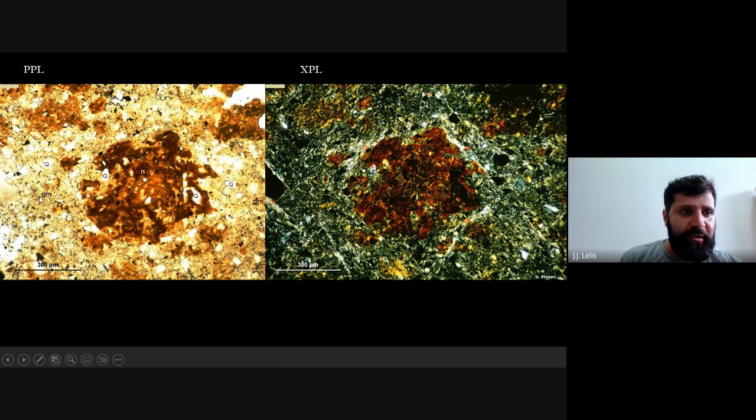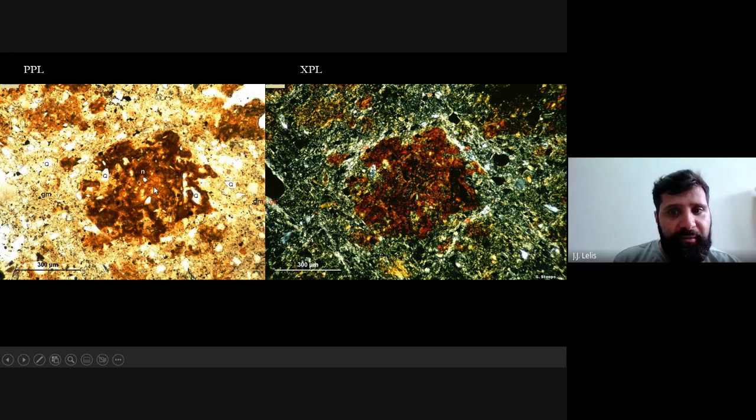So I can see here a light yellow color and this orange or dark red color, and it expresses that we have an increase of material, in this case iron, that expresses the formation of a nodule. So in this case, we have an increase of a chemical element, so it expresses a pedo feature.